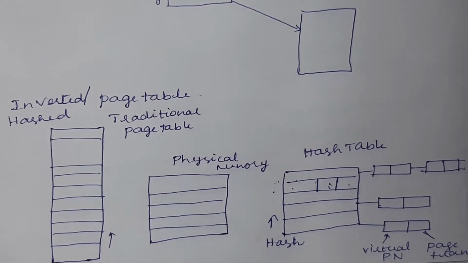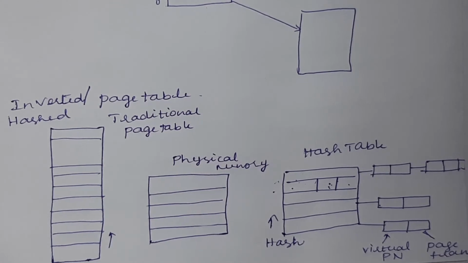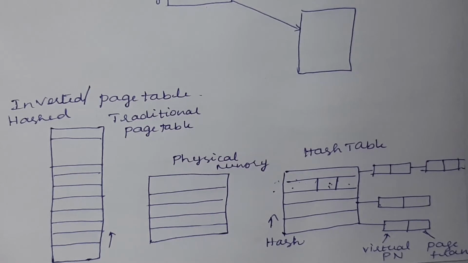What is the advantage we get from this kind of structure? We are not consuming more time for accessing any content from memory. We simply compare the key value with the corresponding location number, and if both are the same, then that entry is correct.